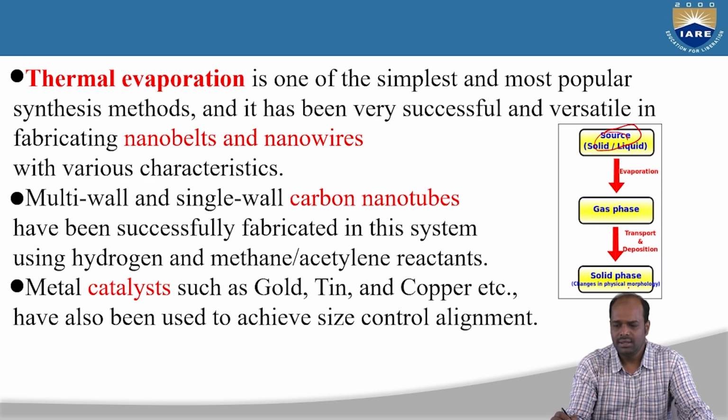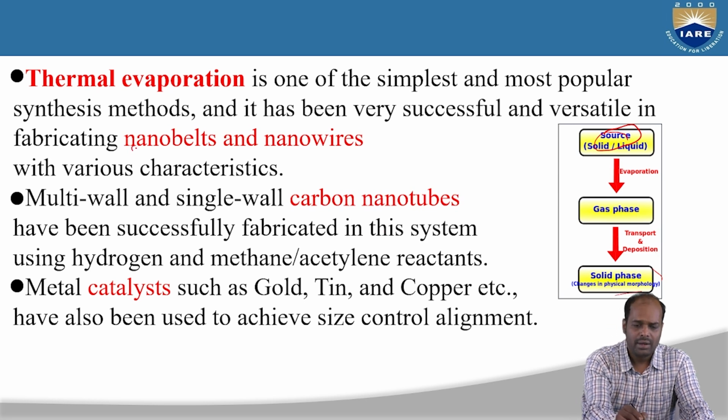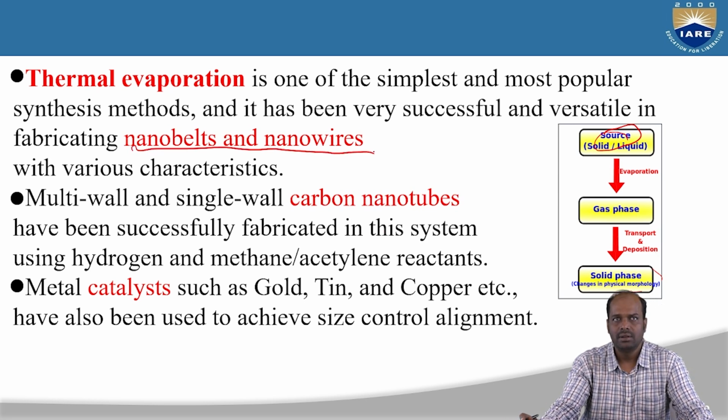Changes in morphology are also possible by changing the potential. Thermal evaporation is one of the simplest and most popular synthesis methods, and it has been very successful and versatile in fabricating nanobelts and nanowires.